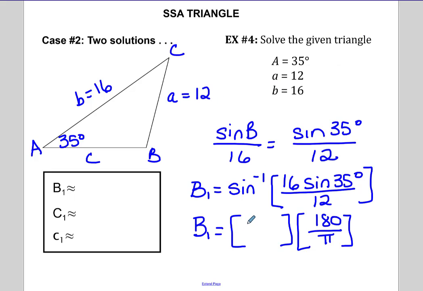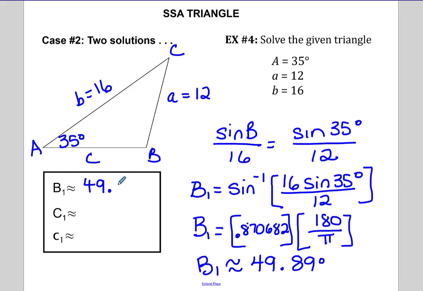Because our answer was 0.870682 behind the decimal. And that told us the angle was about 49.89 degrees. This is my first angle I found, 49.89 degrees.